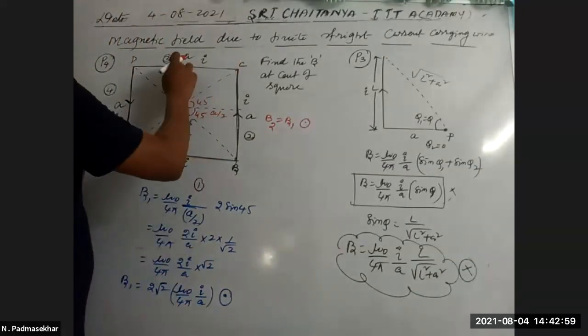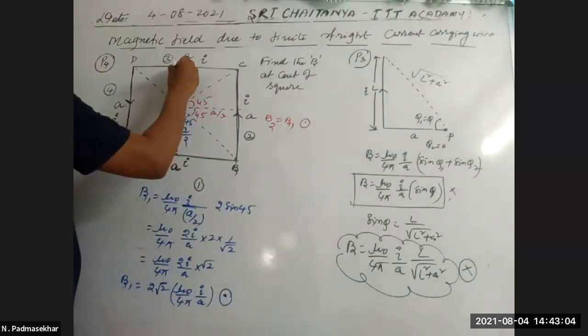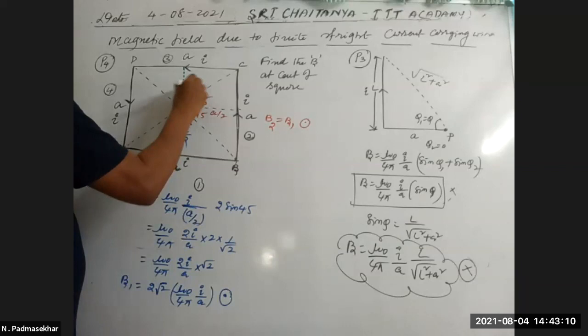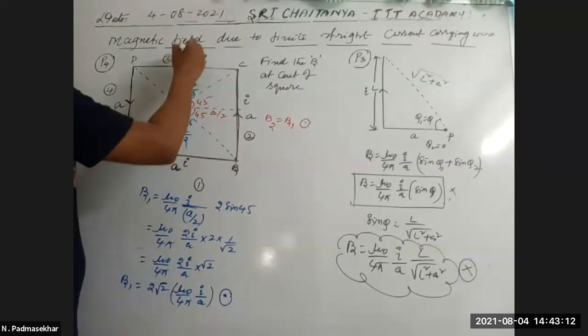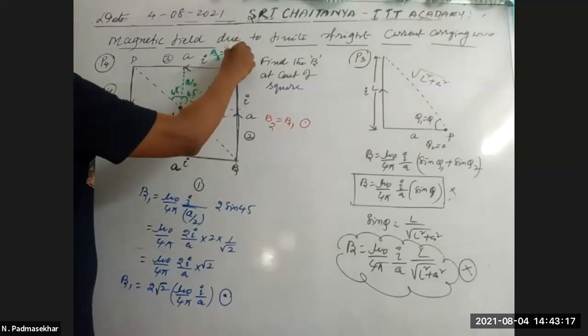See, if you consider the third conductor, it is the same thing here. This is A by 2 and it is 45. B3 is equal to B1 and the direction is out.